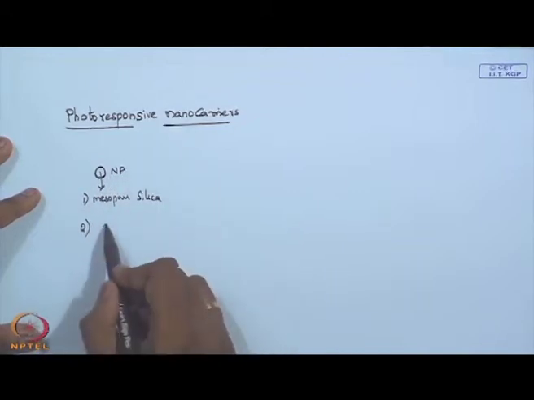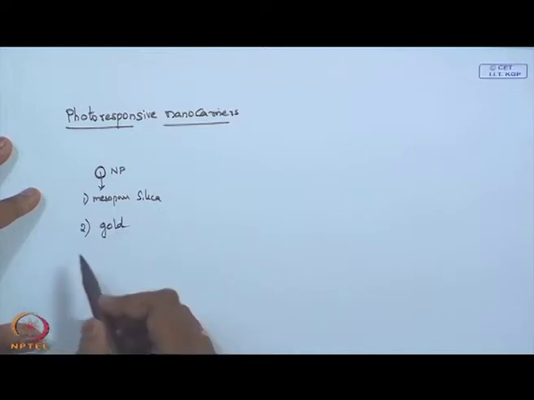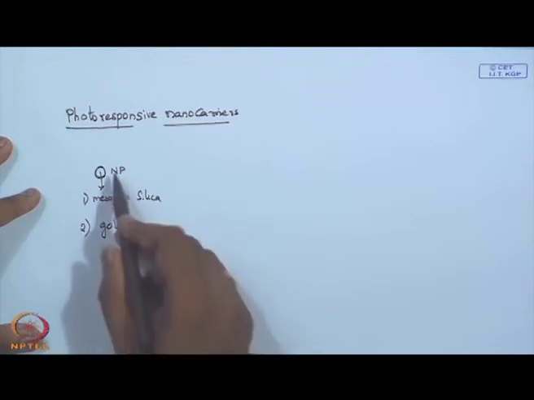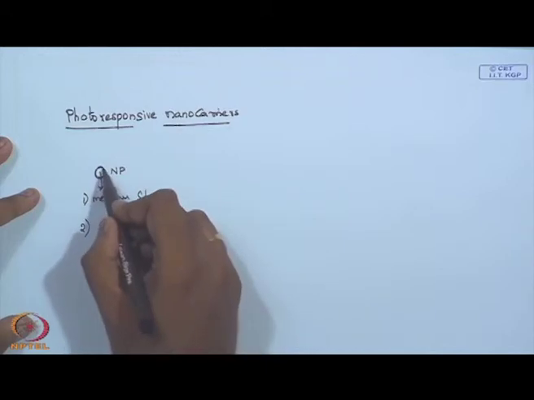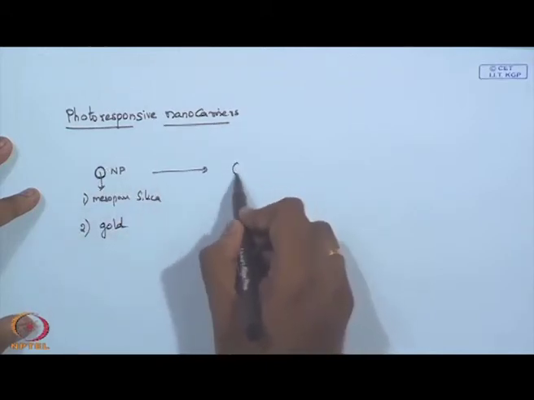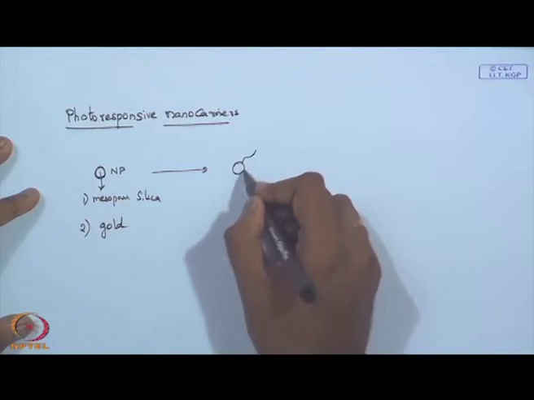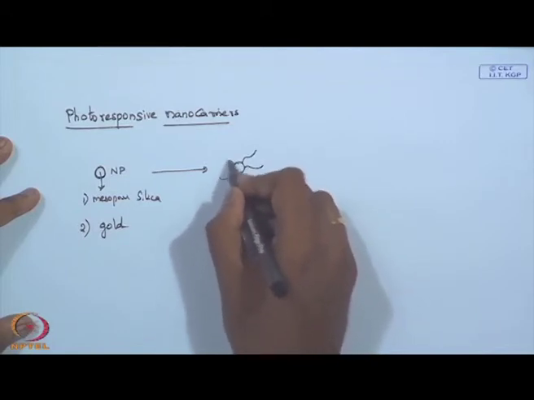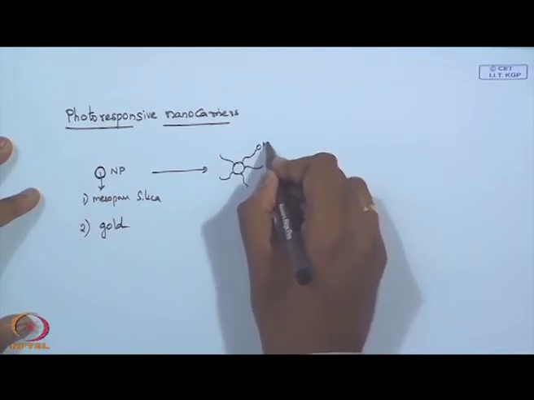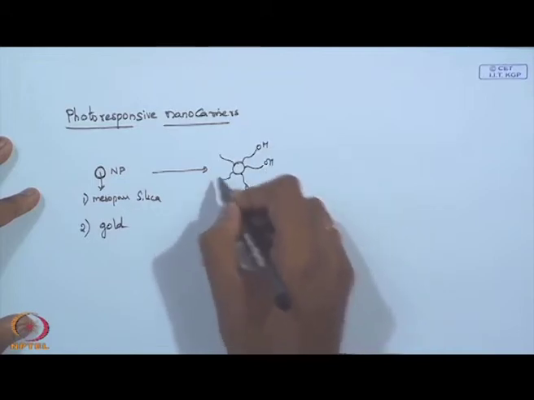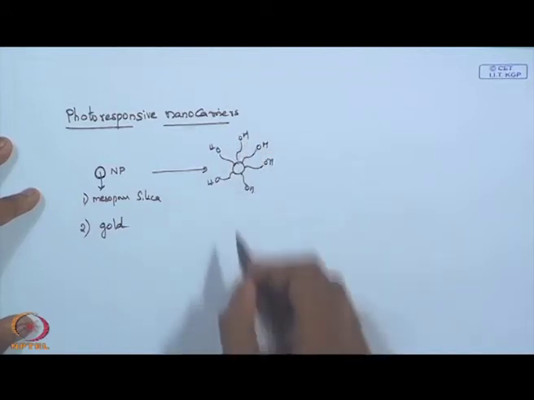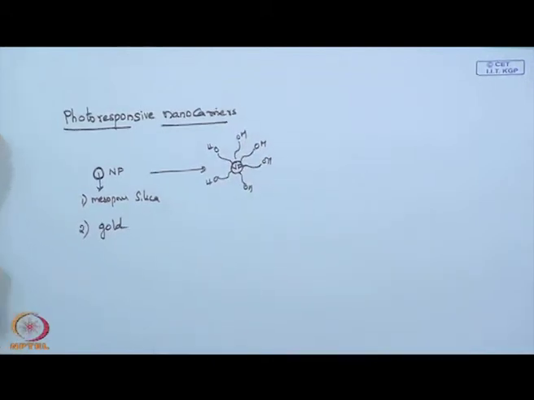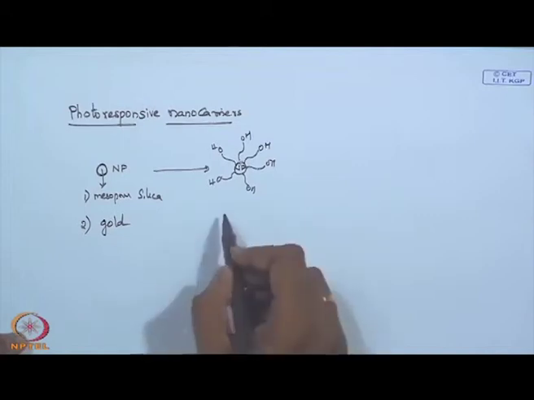People are even using gold, and you have several nanoparticles like that you can use. Now you take your nanoparticle and functionalize it, so that in the end you have some groups like OH or whatever you want. So you will have a functionalized nanoparticle now.